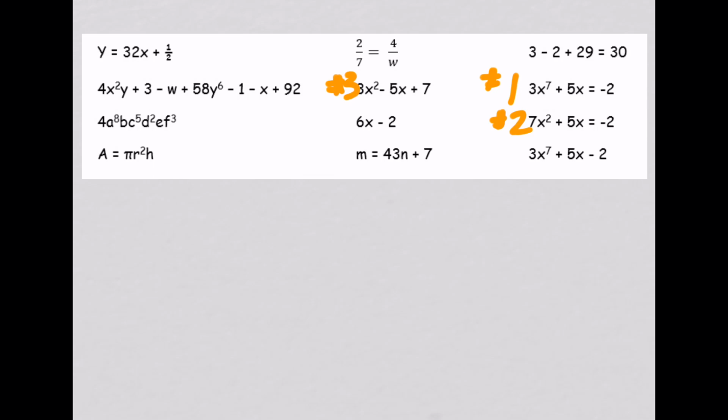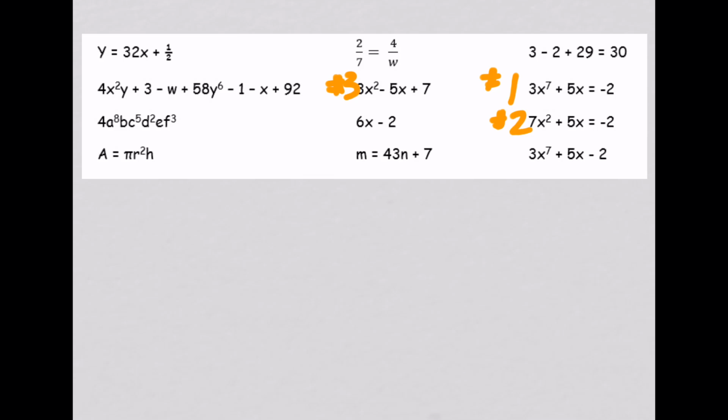Number 4, an expression with 7 terms. A term is something that's separated by a plus or a minus sign. And if it's in an equation, the equal sign counts also to separate them. So we're looking for something that has 7 terms separated by a plus or a minus sign. If you look at this, it has 7 different things, 1, F, E, D, C, B, A, 1, 2, 3, 4, 5, 6, and then the 4 makes 7 things in there, but those aren't terms.